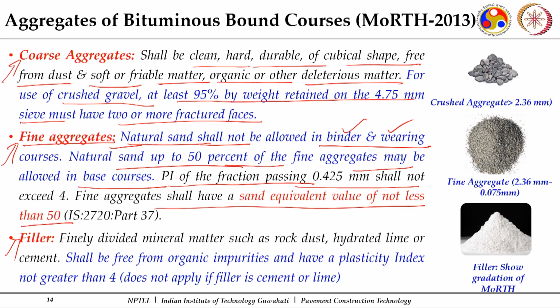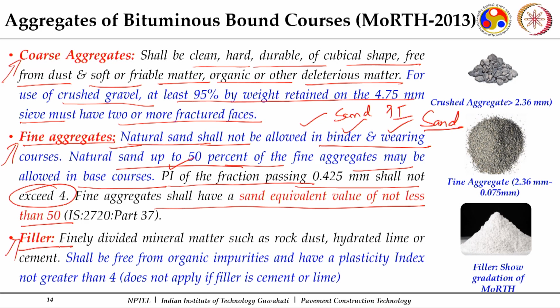It says that the plasticity index of this material should not exceed 4. So this is another requirement mentioned for fine aggregates. So we have the requirement in terms of sand, in terms of plasticity index, and in terms of sand equivalent value.